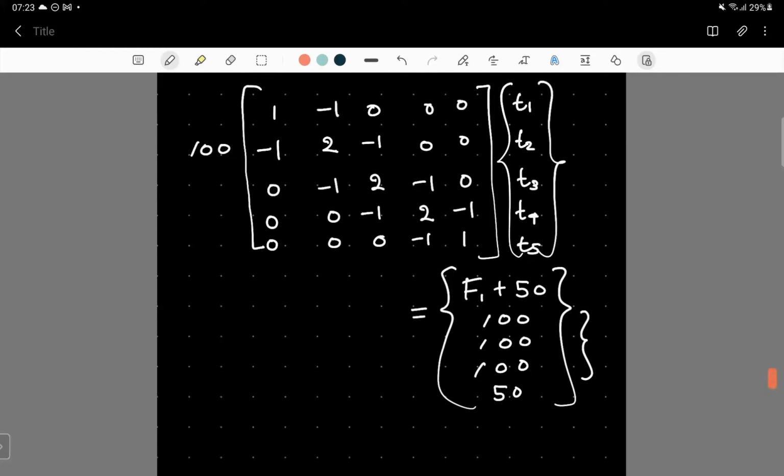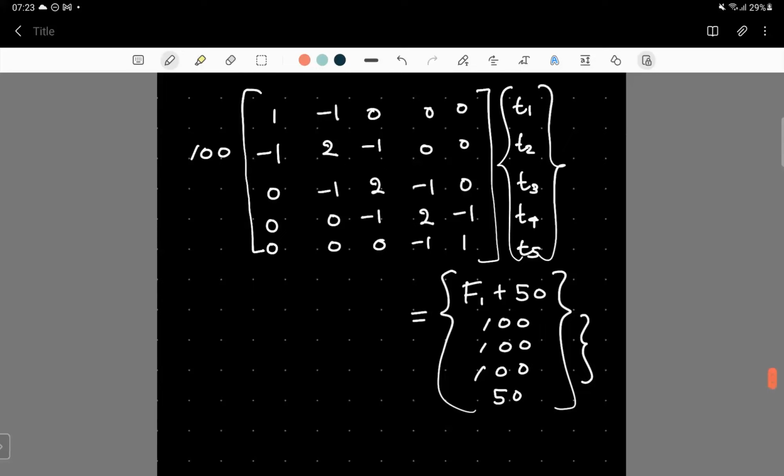Now, just as we did before, in order to apply the Gaussian elimination method, we need to slightly modify this set of equations so that we can obtain the results quite conveniently.